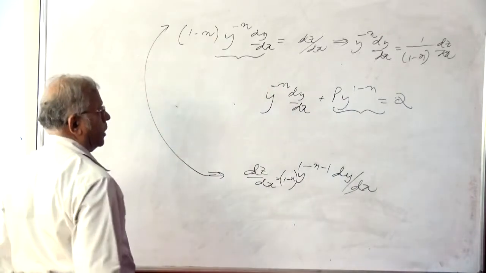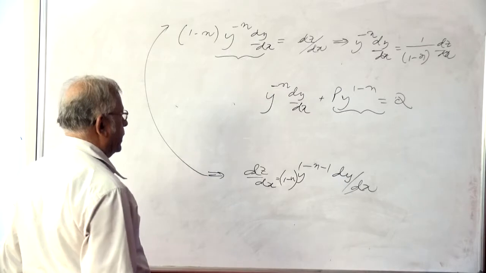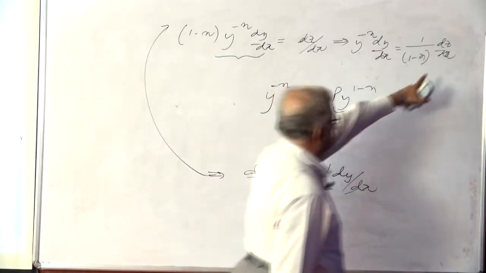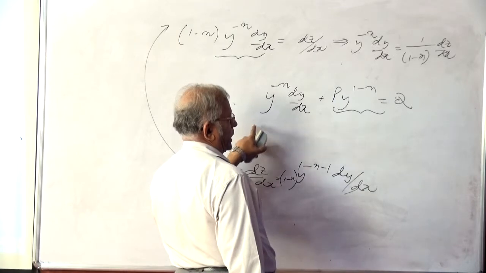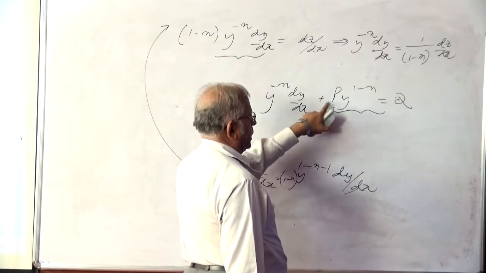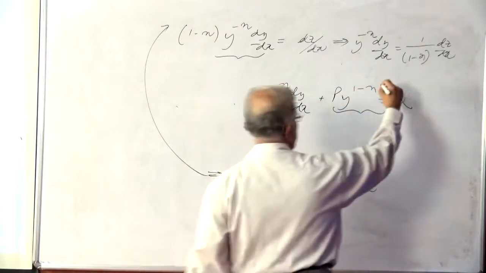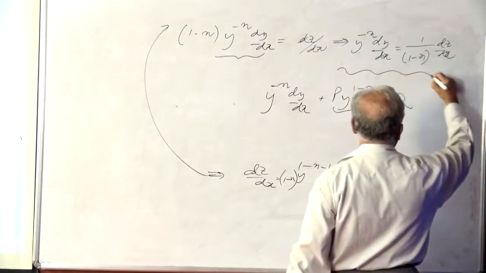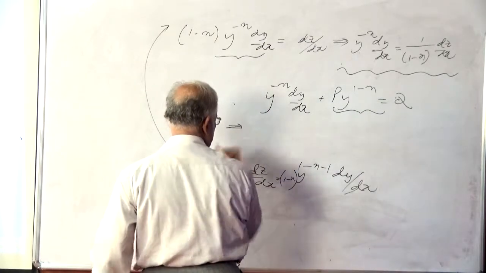So, the equation now can be written further simplified as dz/dx divided by 1 minus n plus P z is equal to Q.